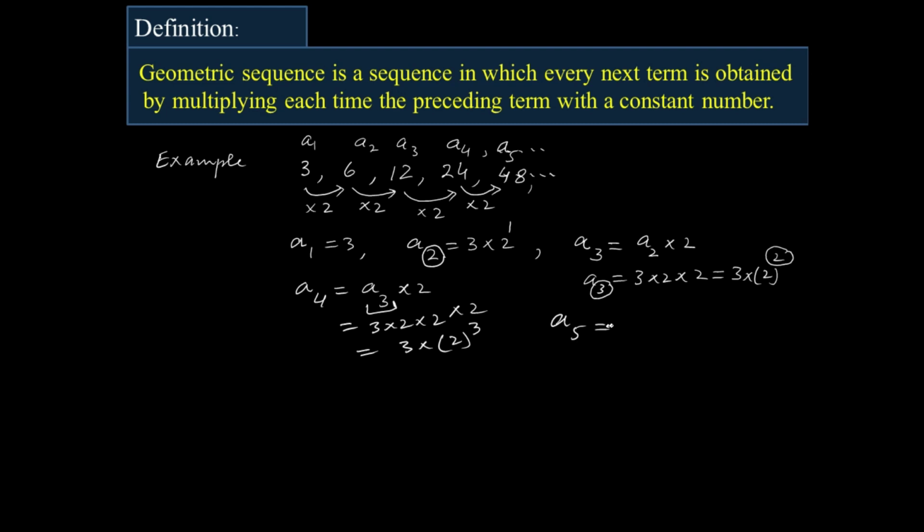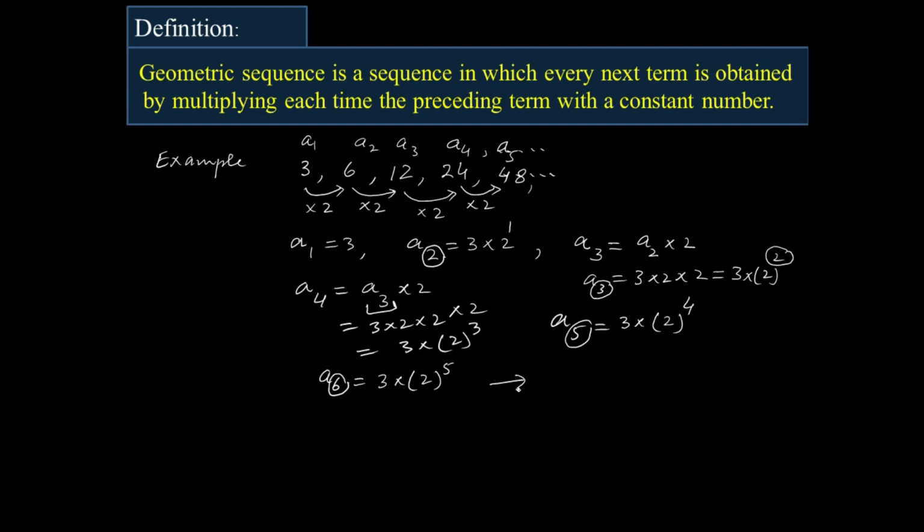So I can write 3 multiply 2 power 1 less than 5, so 4. And this way we can go forward. So the sixth term is 3 multiply 2 power 5, because 5 is 1 less than 6. The term number is 6 and the power of 2 is 5.